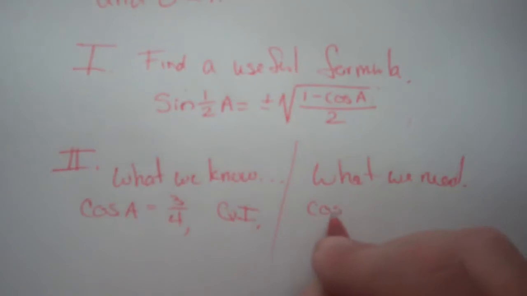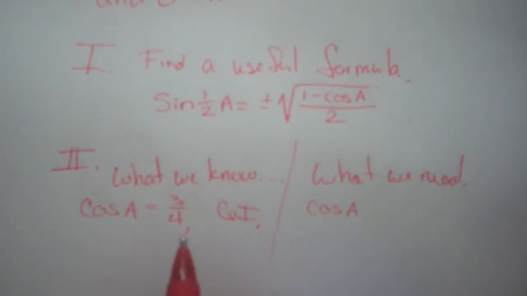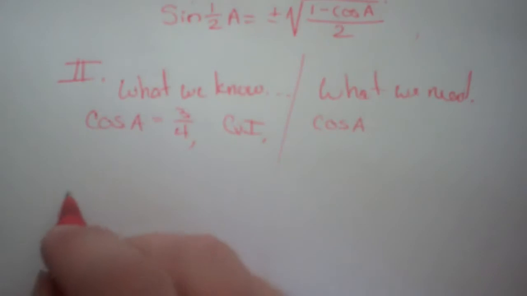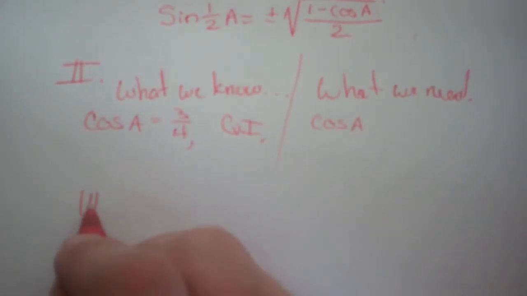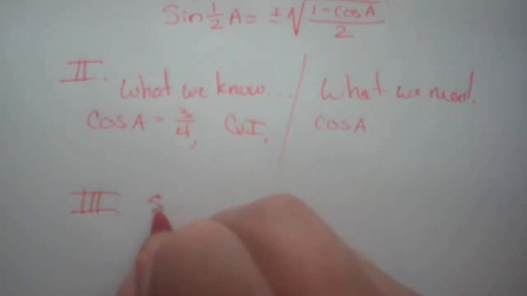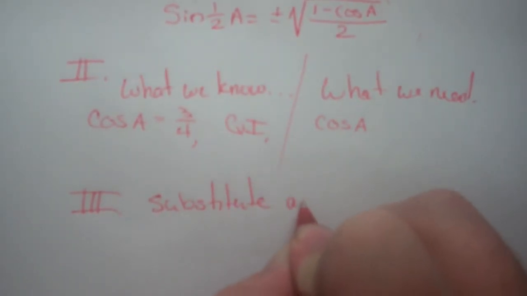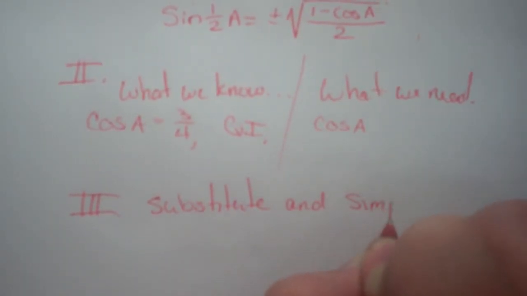That's excellent because it just so happens that that's exactly what we know. So in this case, we know what we need, and so we can go straight to step 3, which is to substitute and simplify.